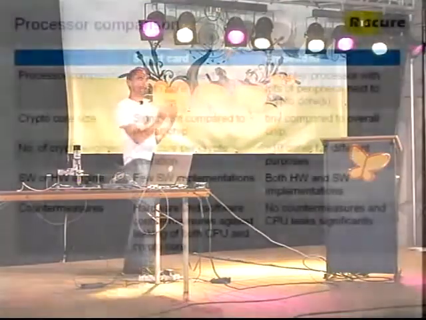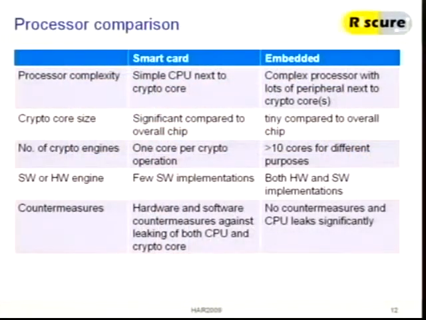So if you think about a smart card processor, in general, we talk about a microcontroller. It's a CPU. They're getting bigger, but still, for instance, the crypto core is still like 20% of the die, and it's still a tiny engine compared to all the CPUs we use around ourselves today. So if you start comparing to a smart card what a maybe more complex embedded system would look like, you already see that there's a lot of things to take into account.